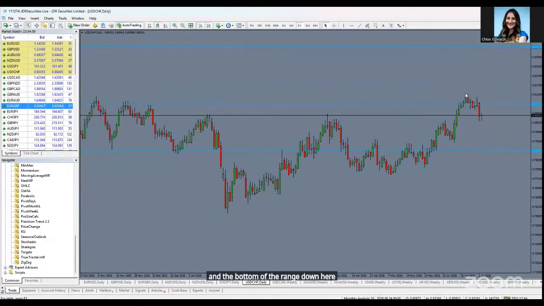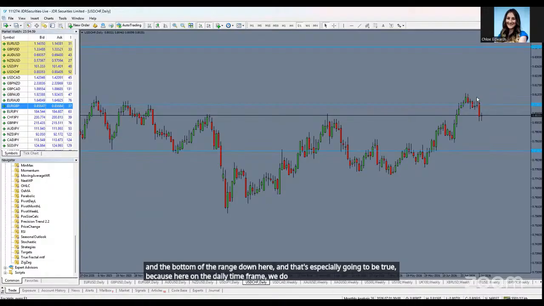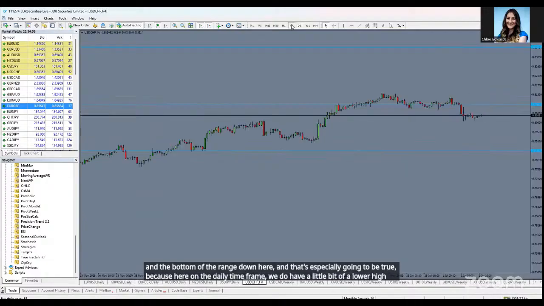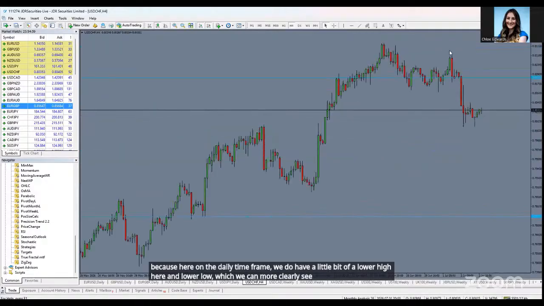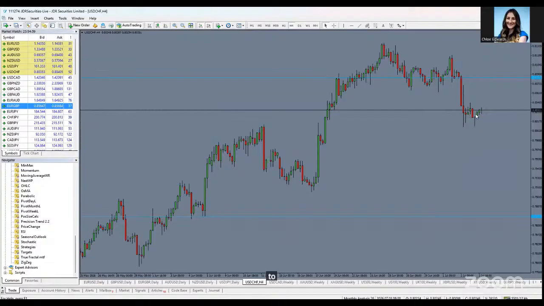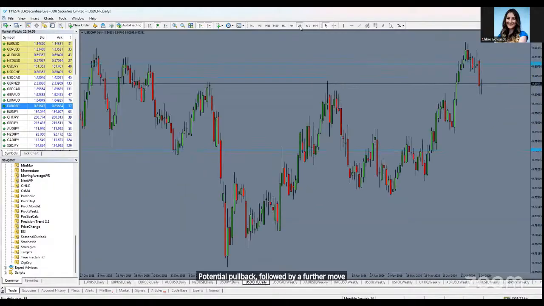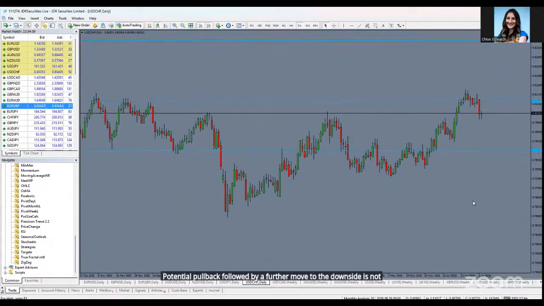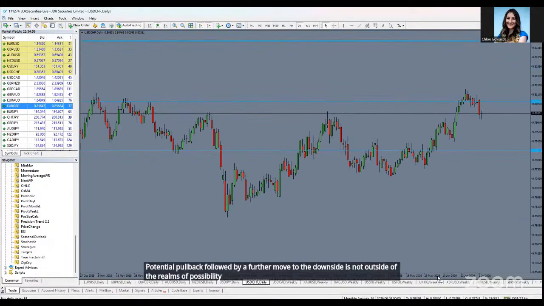And that's especially going to be true because here on the daily time frame, we do have a little bit of a lower high here and lower low, which we can more clearly see on the 4-hourly time frame there. We can definitely see a move to the downside. Potential pullback followed by a further move to the downside is not outside of the realms of possibility here.